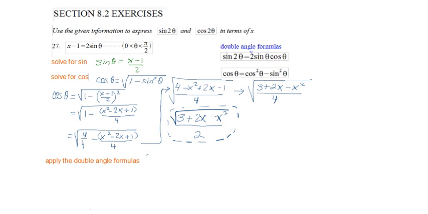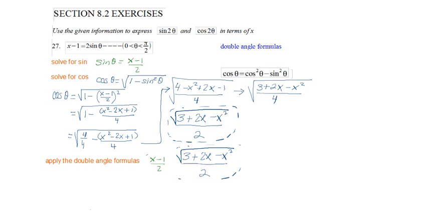So now we can apply the double angle formula. So I'm going to copy these two guys. So we have our sine, and I'm going to copy my cosine right here, just to keep them handy.